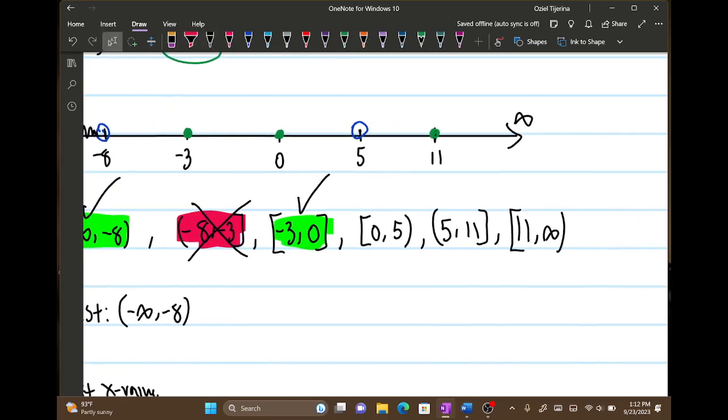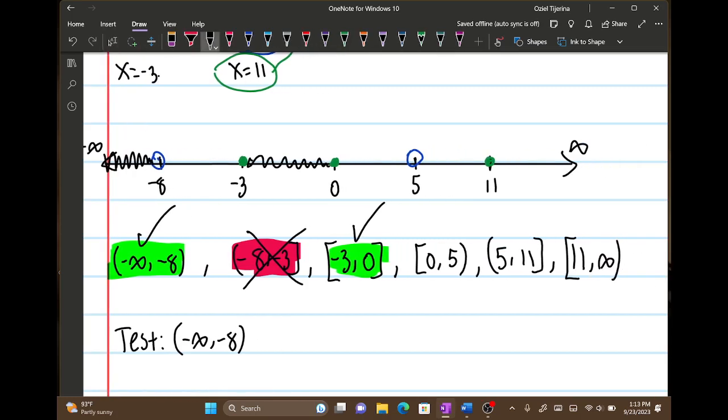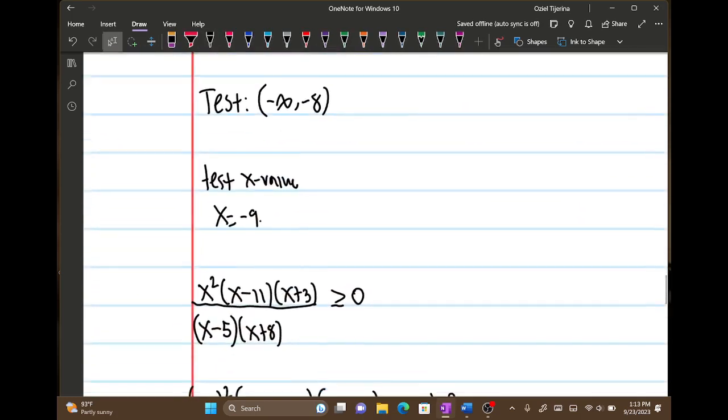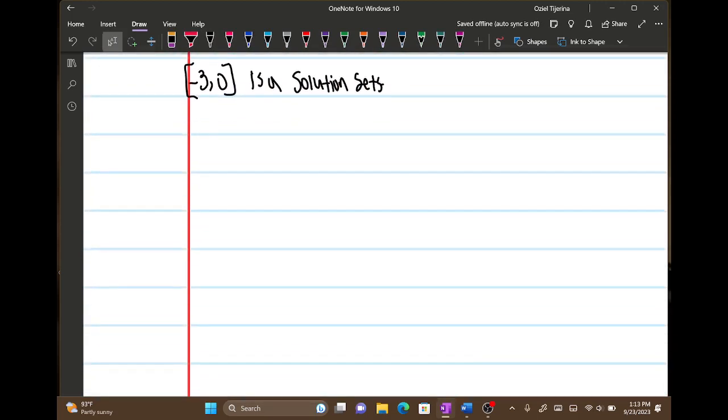Now we're going to do from 0 to 5. Okay, so now let's go ahead and shade from -3 to 0, so that we know that that works. And now let's do this one, from 0 to 5. So we want to test an x value on 0 to 5 basically.